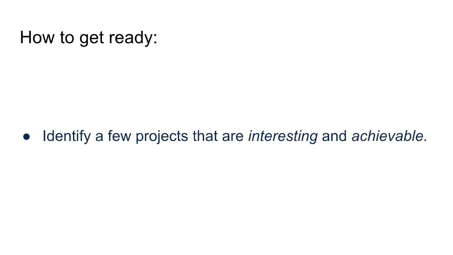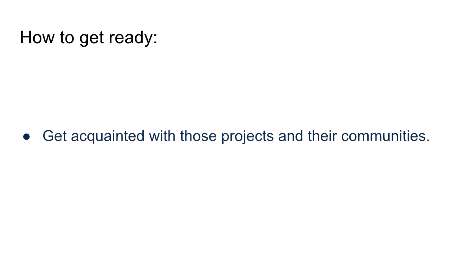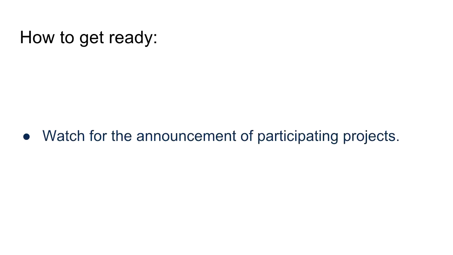A student should look at the projects that are interesting to them and are using technologies that they have some experience with. The most successful students explore code bases and get acquainted with the project communities via issue trackers, via IRC, Slack, whatever it is. When the projects that are participating for the current year are announced, they'll provide project ideas.